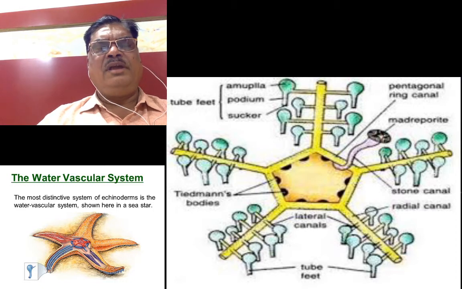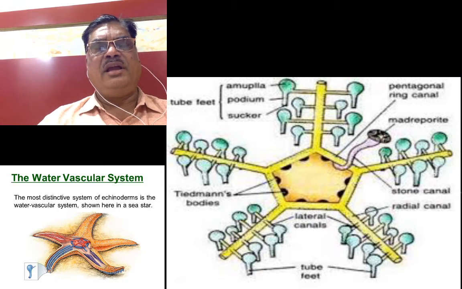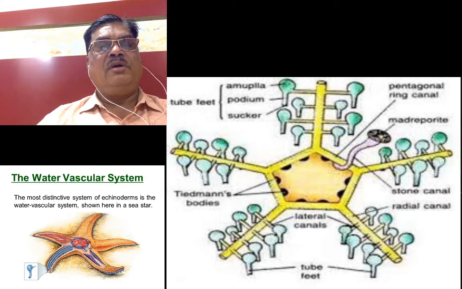For example, when we are talking about the protozoan or phylum Protozoa, these animals are very special. They show great biodiversity, found in water, found in air, found in soil. They also show parasitic mode of life, and the reproduction is very important in case of protozoans.